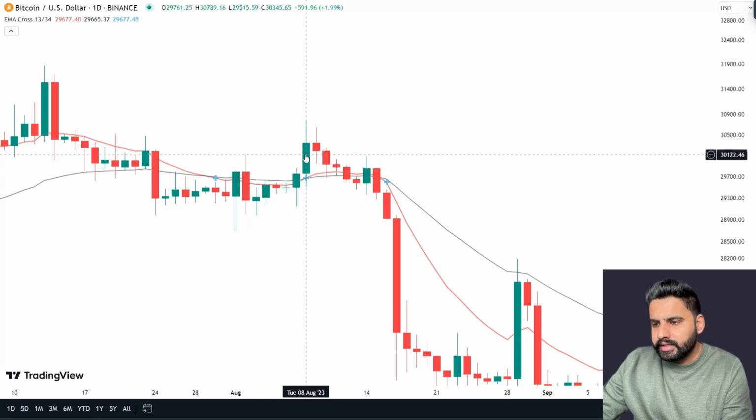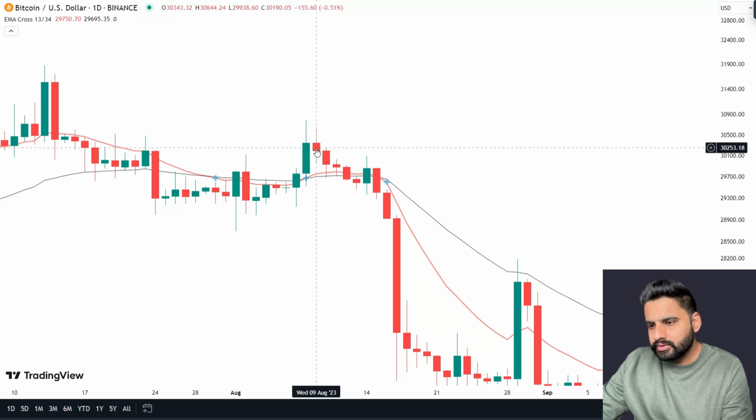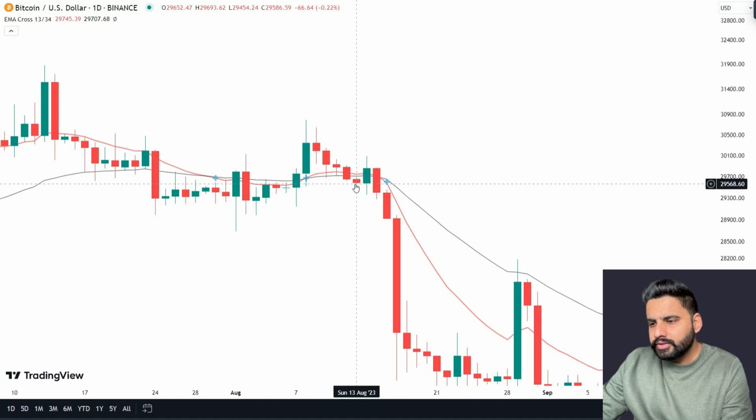So we take this green candle as our signal candle, and we need to buy at the high of this candle on the very next day. But as you can see, on the next days the high wasn't crossed. So again on the next day, the high wasn't crossed. So what we need to do is wait for the next day.